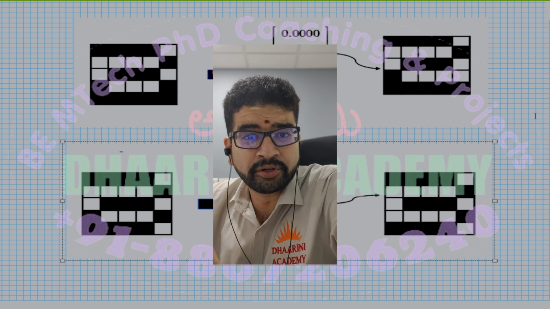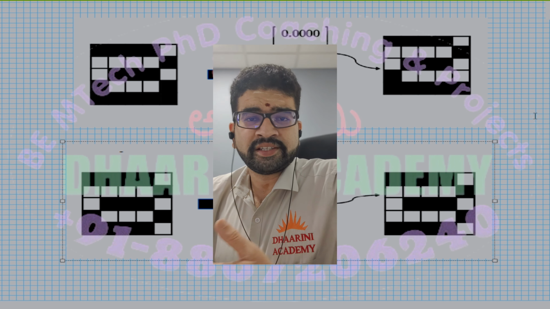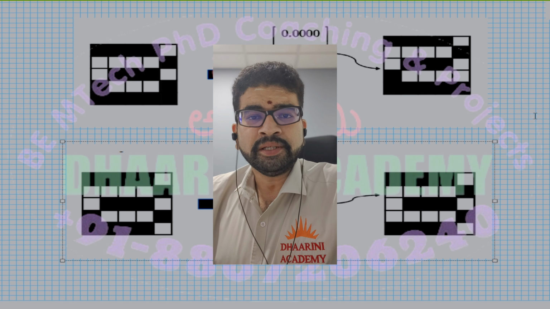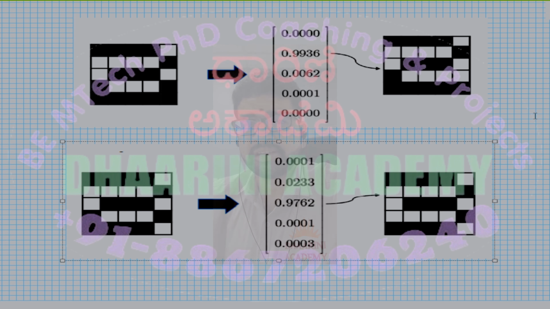That is a very important thing we can understand here. It's not that the machine will learn only if a huge data set is given. Even if there is a minute detail available, the machine is going to learn that very neatly and responsibly.